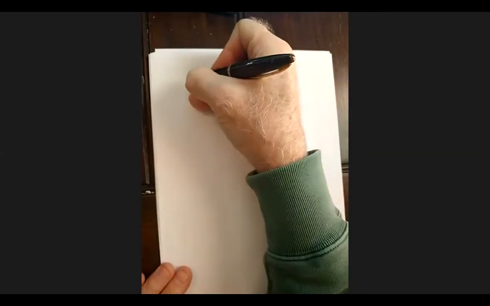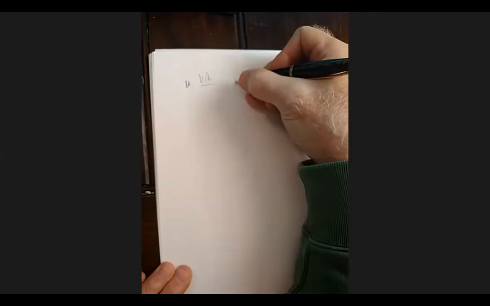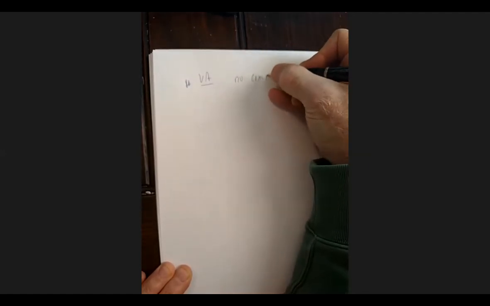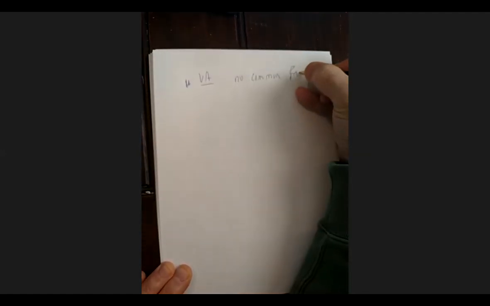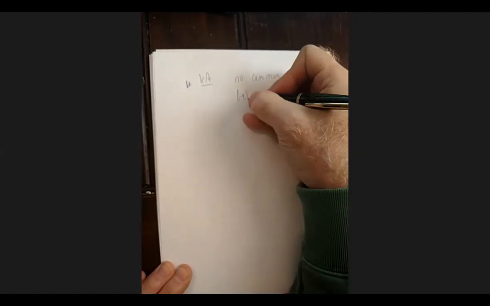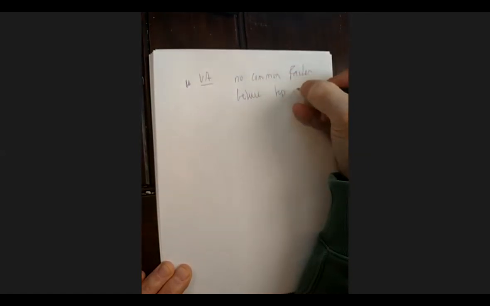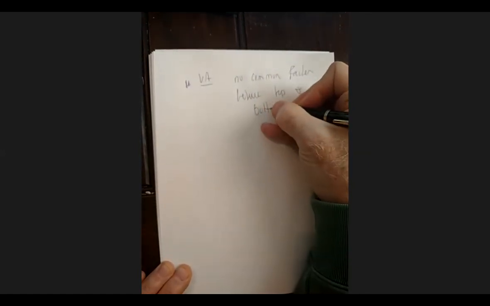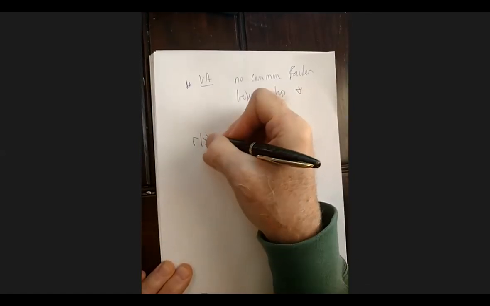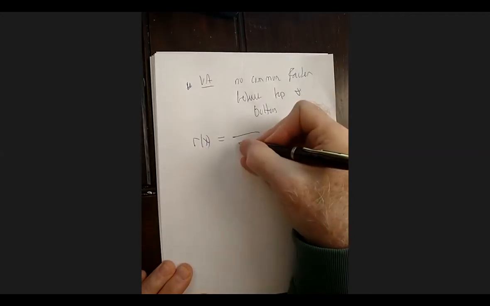Okay. So for vertical asymptotes, again, there's going to be no common factors between the top and bottom. So let's say we have something like, I'll do a different example.